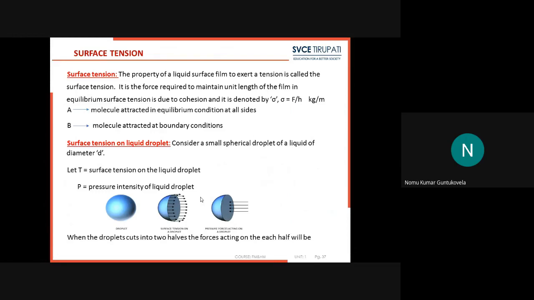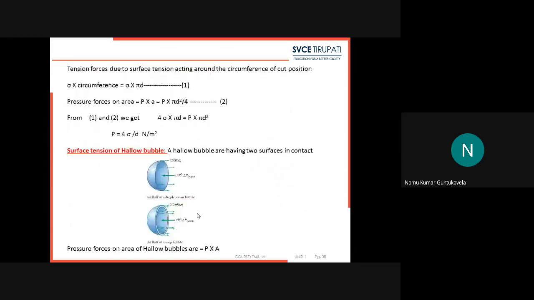On these two conditions we have the circumference and the cross-section area. The pressure on the surface equals the surface tension on the circumference. So here we have two types of forces: pressure forces and surface tension forces.